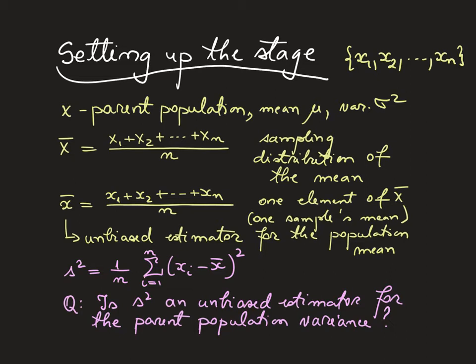So I repeat, if we take a sample of size n, and for that sample we calculate the sample variance, the question is, will this variance of the sample be an unbiased estimator for the parent population variance? Can I use it to estimate the population variance? So let's answer this question.